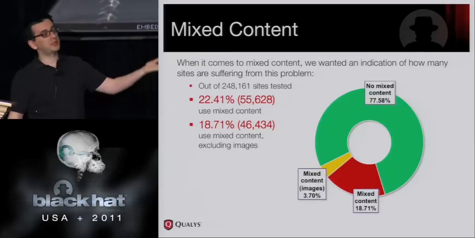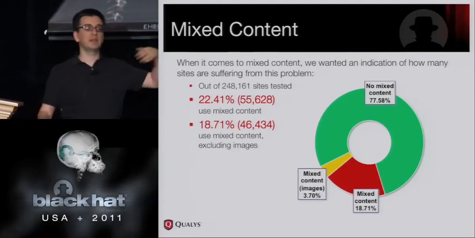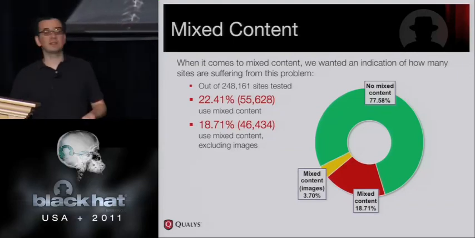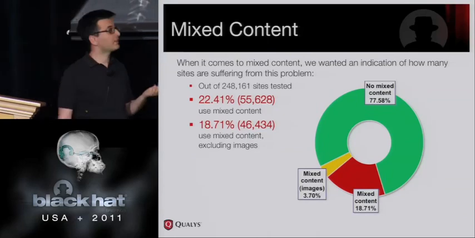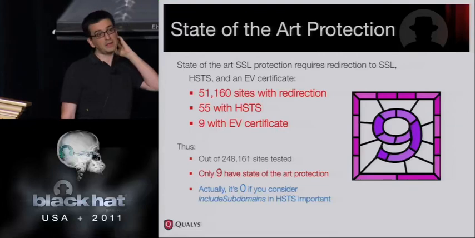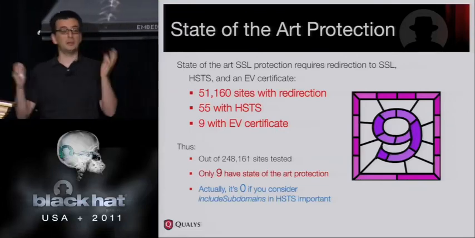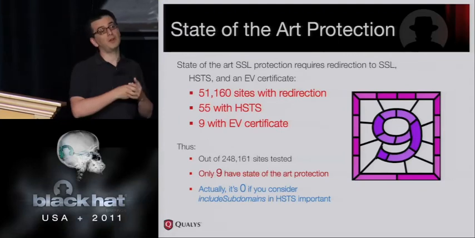Then we looked at our state-of-the-art protection: how many sites have redirection to SSL, how many sites use STS, how many sites have extended validation certificates. And I can actually tell you the number. We found only 9 sites among our data sample of 250,000 sites that have all these 3 factors together.